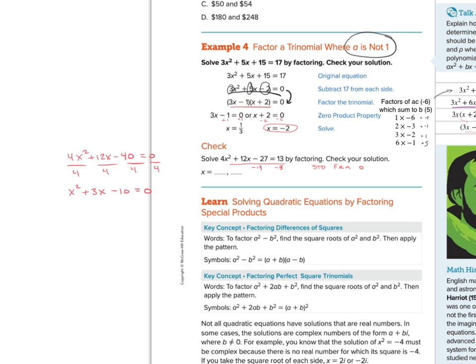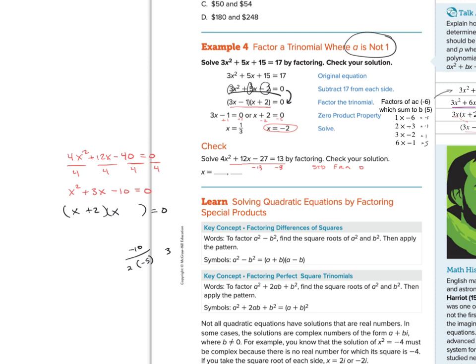Well, I would say with this one, we actually got very lucky. When I get into standard form, I can see that everything is divisible by 4, so I divide everything by 4, and I end up with x squared plus 3x minus 10 equals 0, and that turns out to be the easy method, the shortcut method that we were using earlier, where I know that it's x times x and then the factors of -10 that add up to be 3, and that would be 2 times -5.